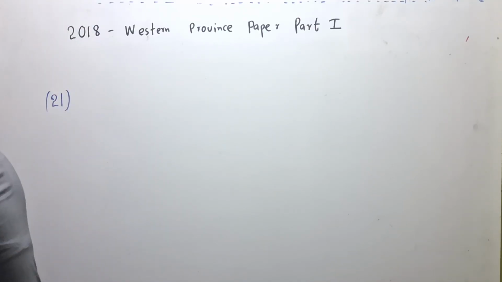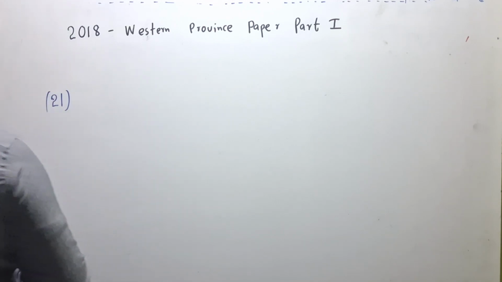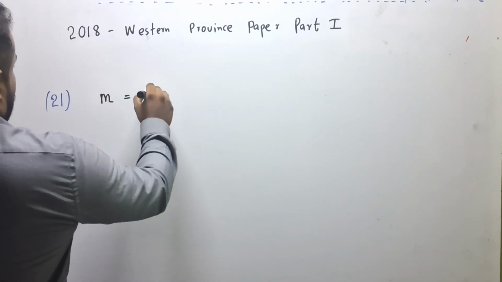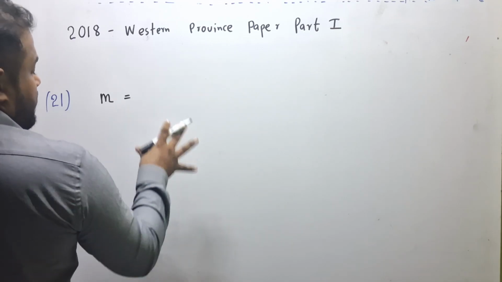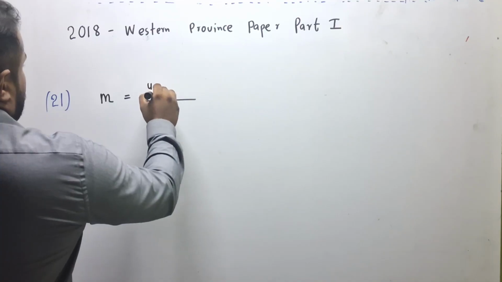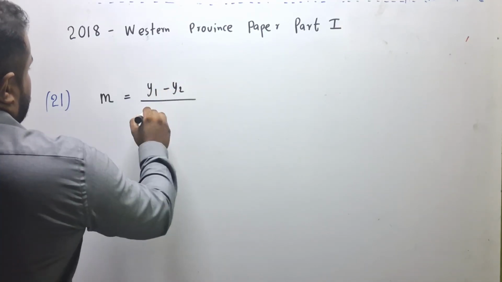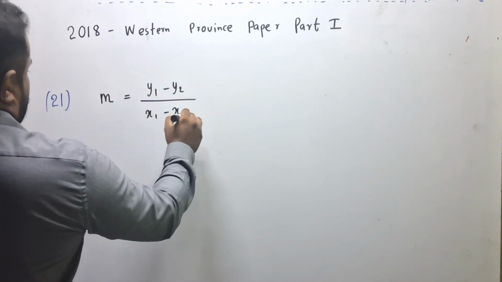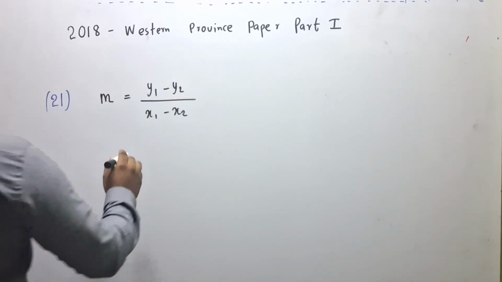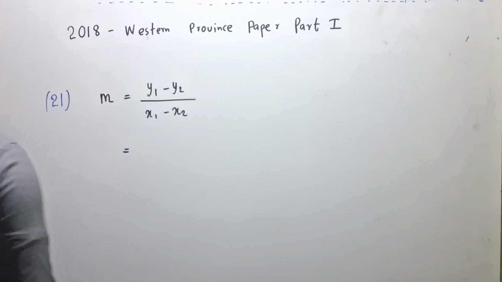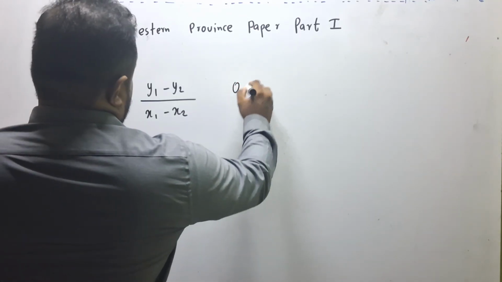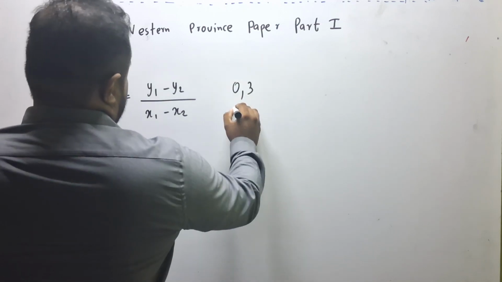Gradient M equals: you have to remember x parts are lower, y parts are upper. Y1 minus y2 over x1 minus x2, or you can use y2 minus y1 over x2 minus x1, no matter. Then you have to input values from the coordinates. What are the coordinates? 0, 3 and 2, 7.